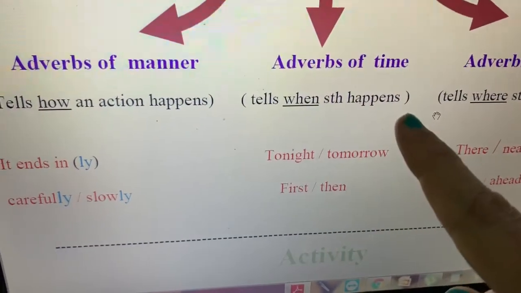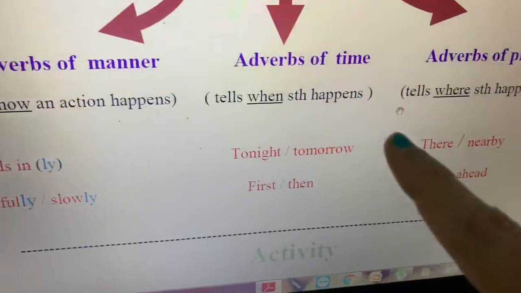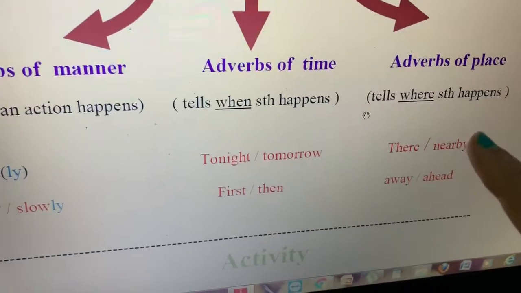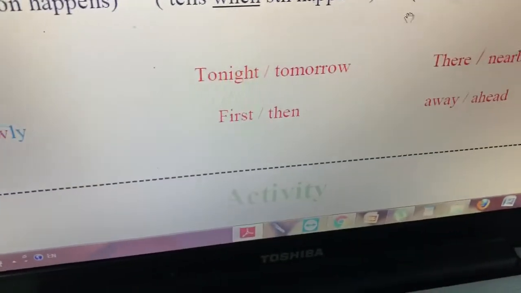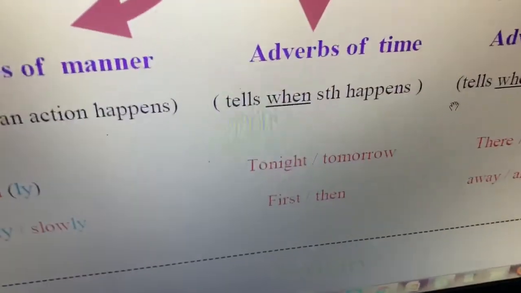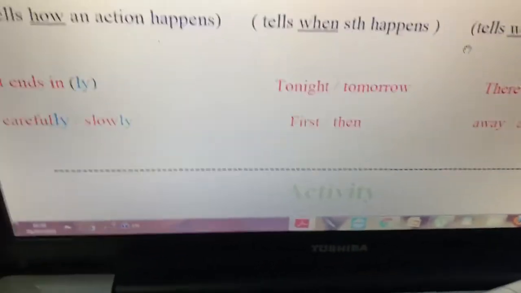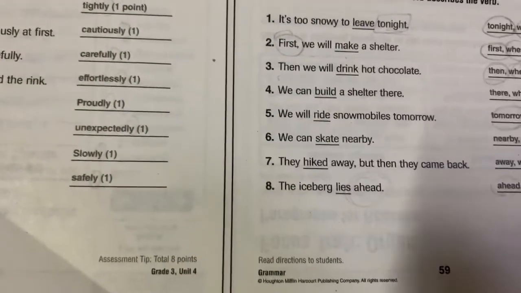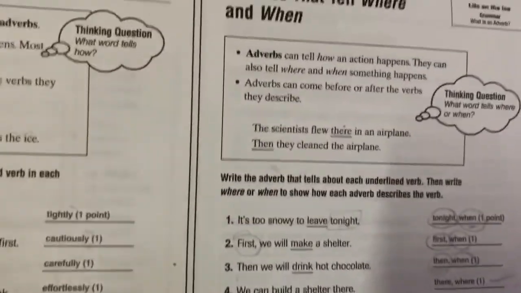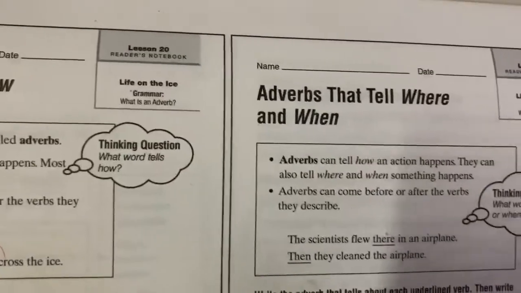Adverbs of time tell when something happens. Adverbs of place tell where something happens. I will, okay, tell you through your book. Okay, open your English Reader's Notebook on page 59. Okay, let me read it now.